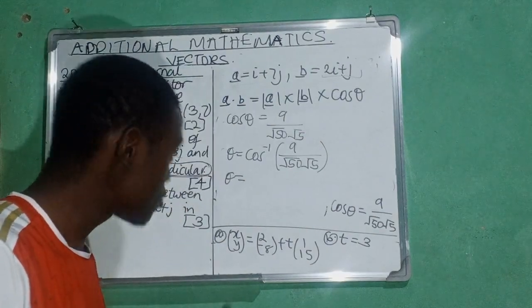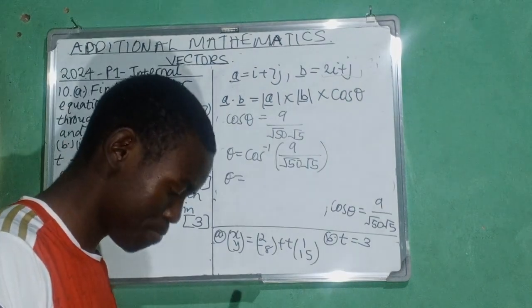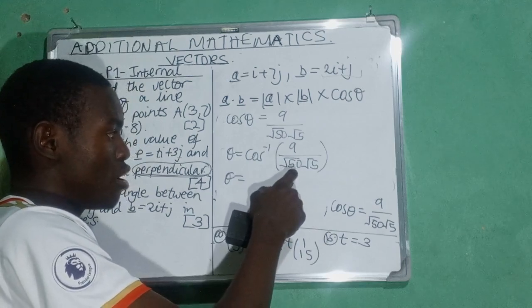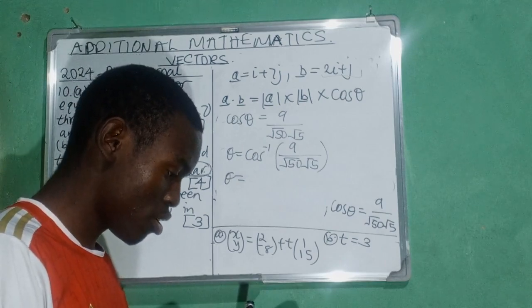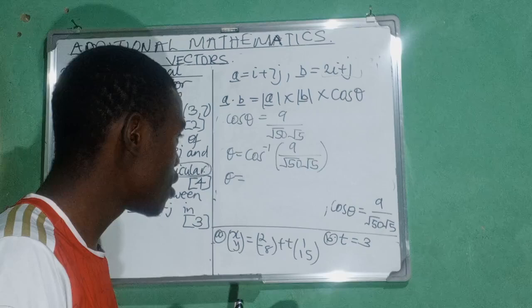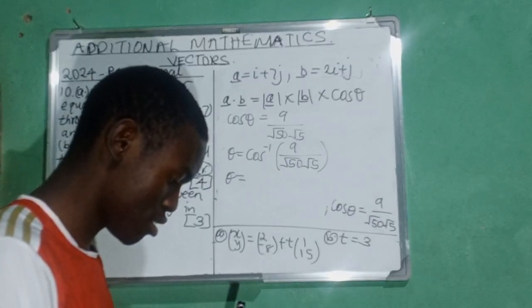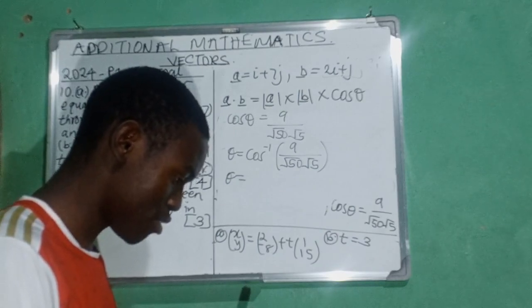So cos inverse of 9, we divide by root 50 times root 5 in brackets, you close the bracket.